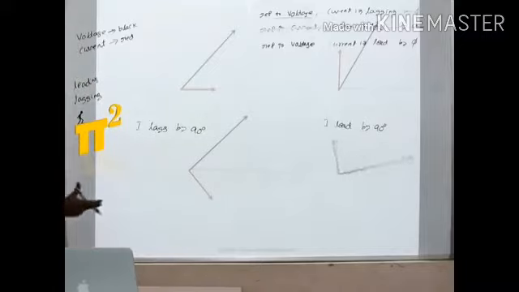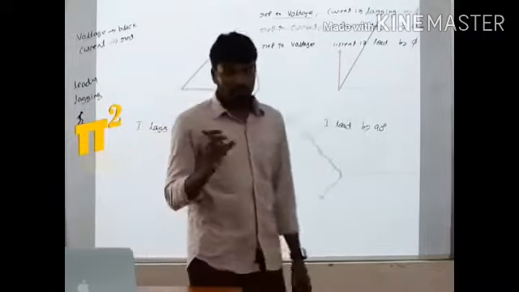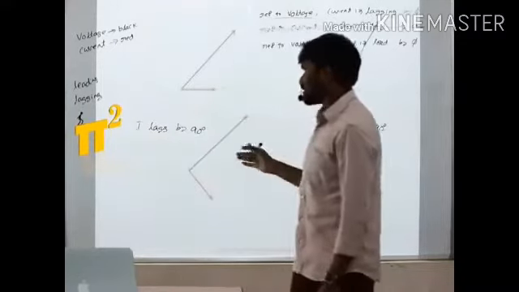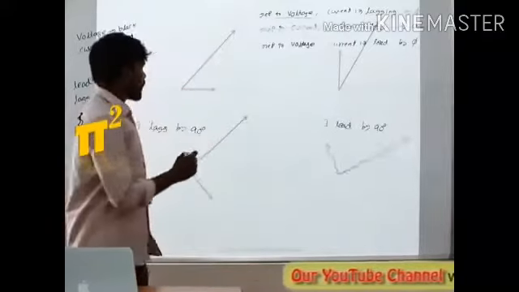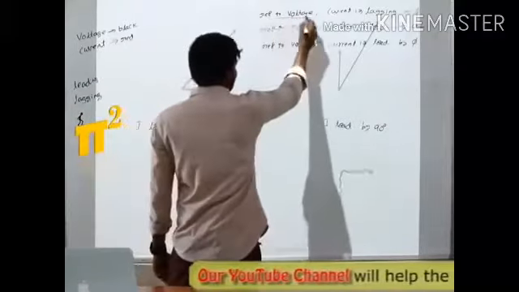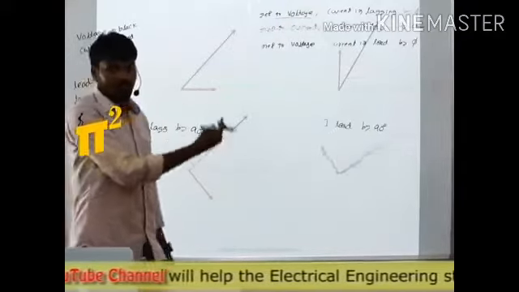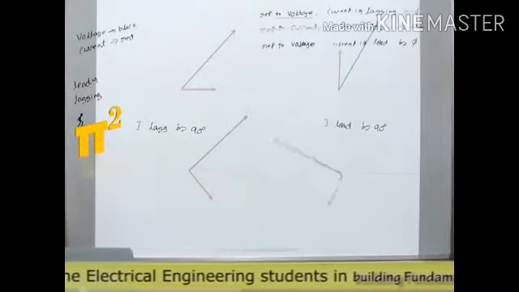So this is the second part. First we have seen from where and how and why we got the phasor concept. And next we have seen leading and lagging. Here the point to be noted is we always take the reference as voltage and the direction of rotation of the phasor is counterclockwise. Let's see the next part.